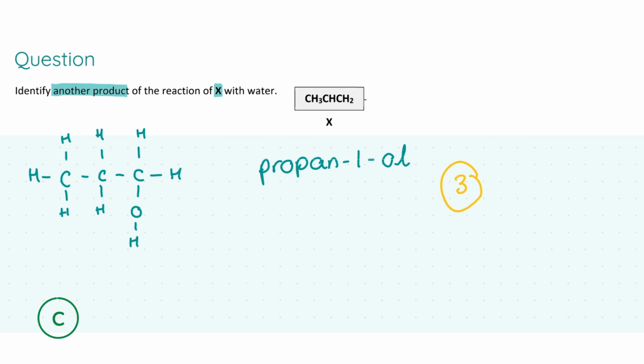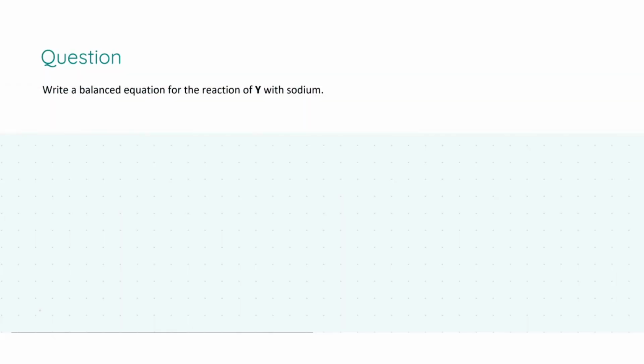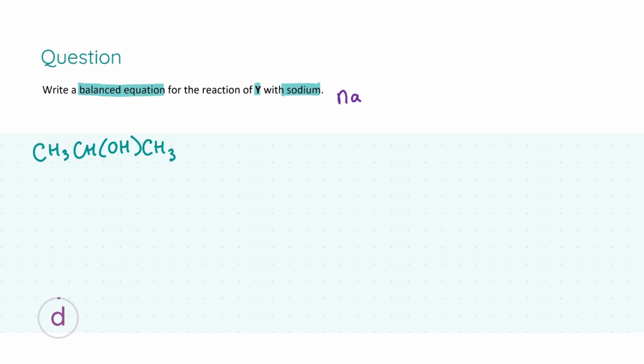Now let's move on to question D. Question D asks us to write a balanced equation for the reaction of Y with sodium. Sodium is going to be Na. What is Y? From the exam question, we know that Y is CH3, CH, OH, CH3, plus Na.